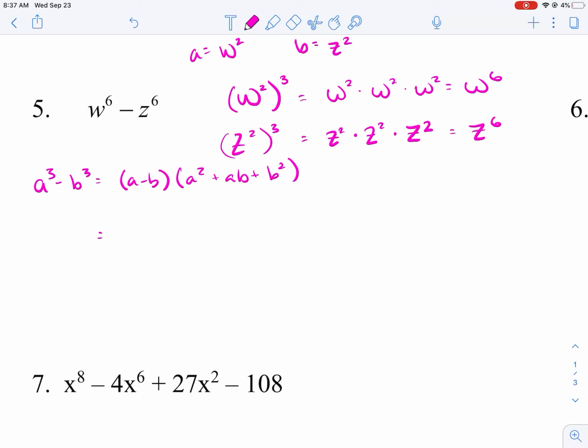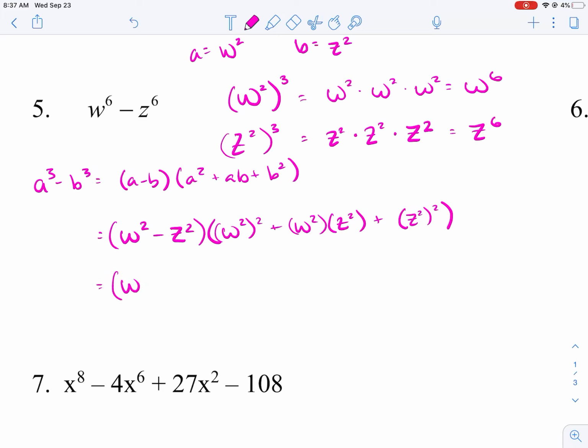So we're going to go w squared minus z squared, w squared squared plus w squared times z squared plus z squared squared. Let's fill in the blanks here. So w squared minus z squared, w to the fourth plus w squared z squared plus z to the fourth.